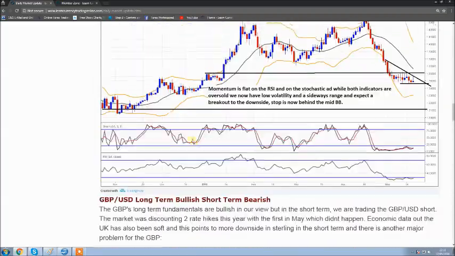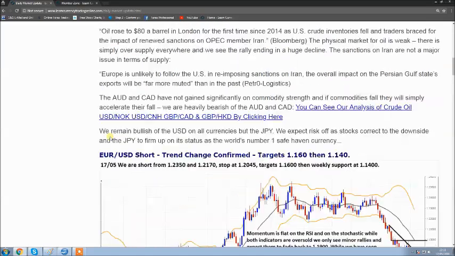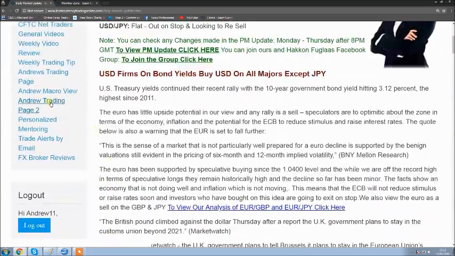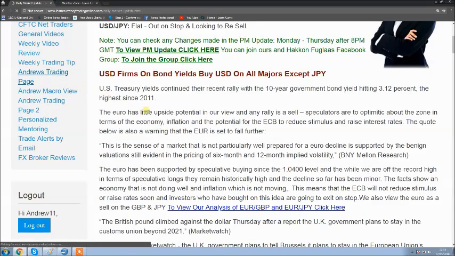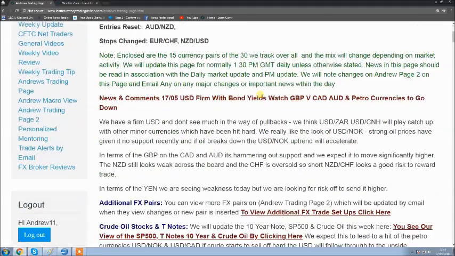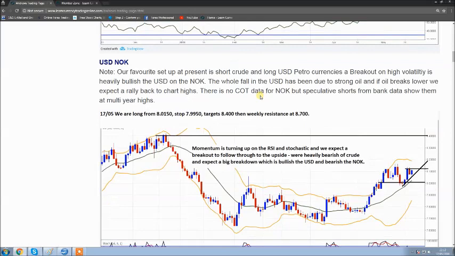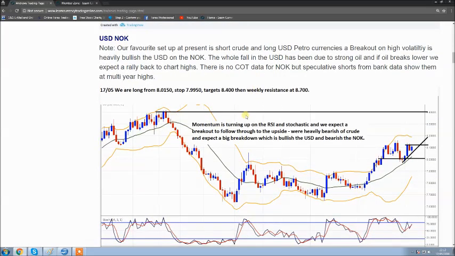Let's look at some others and some minors that many people might not consider. Let me just find them. Here we go. Okay, this is one of our favourites at the moment, which is USD NOK. The reason we like it, it's the Norwegian krona, Norway, Europe's biggest oil producer.